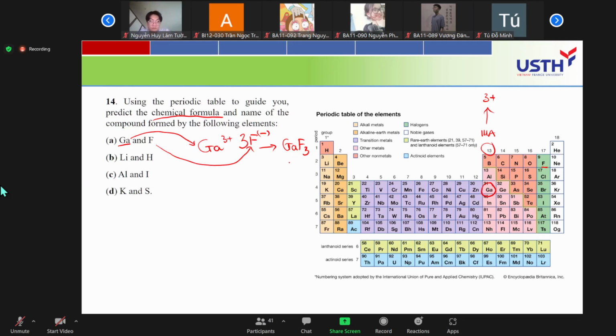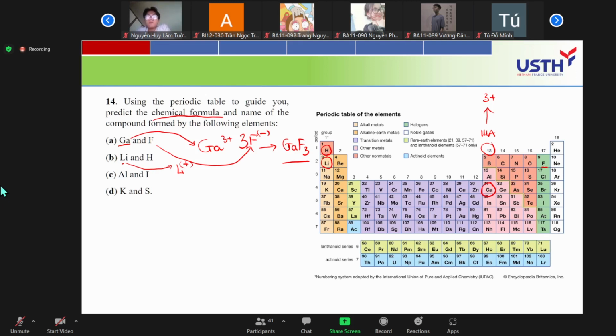Gallium fluoride. The next one, lithium and hydrogen. Normally lithium prefers to become lithium plus. But be careful in this case: hydrogen, even though it stays in group 1, is not considered a metal.